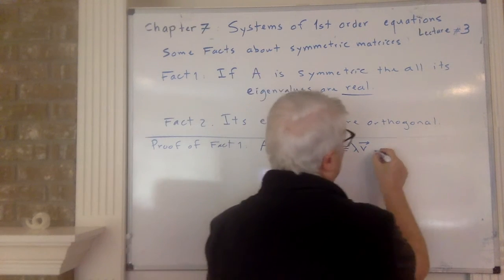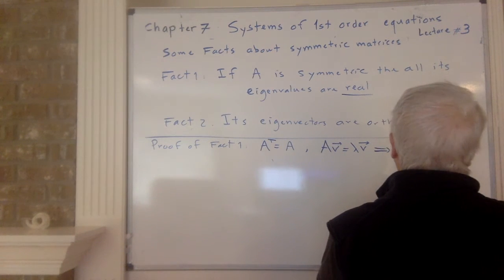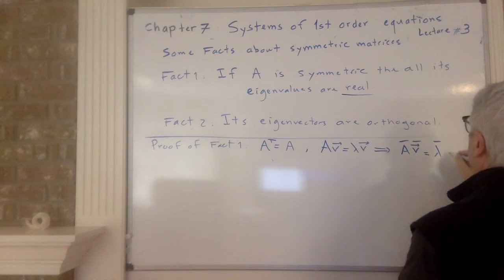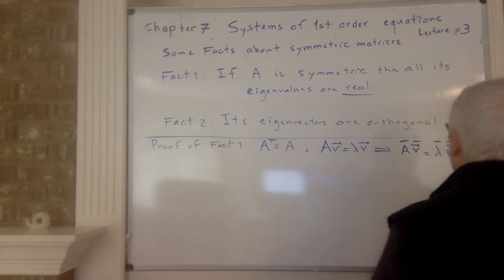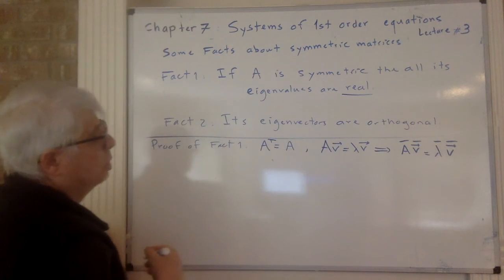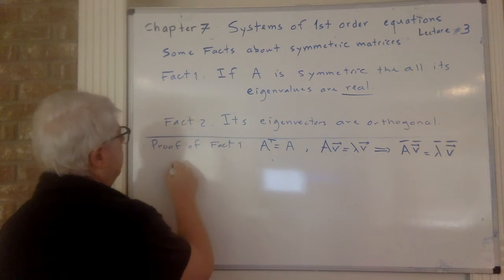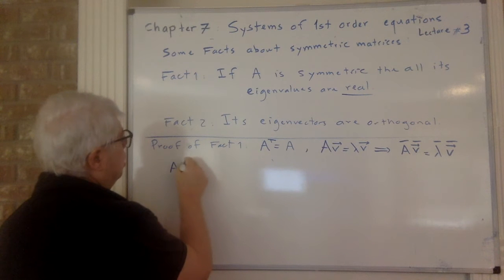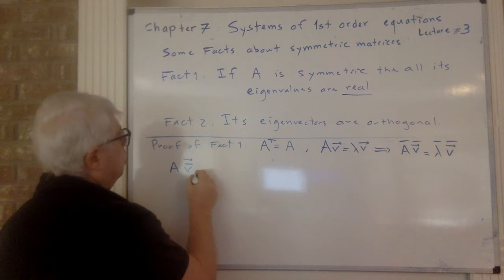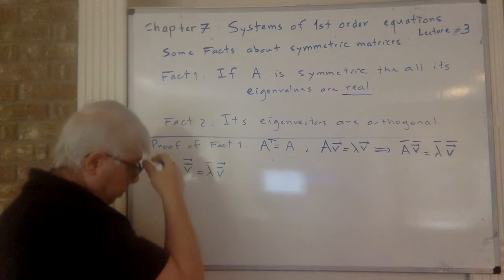So if I find the conjugate of them, conjugate lambda, conjugate V, that also applies. I can just conjugate all of them and the equation holds. Now A conjugate is A because that's real. So let's put the vector bar on top of this conjugate V vector.